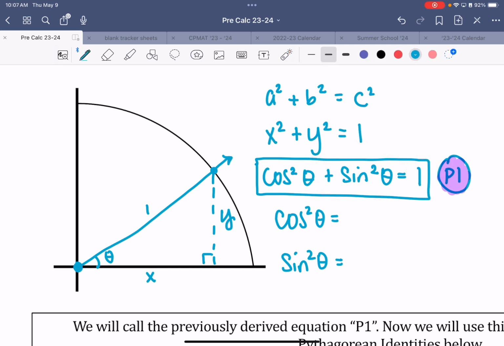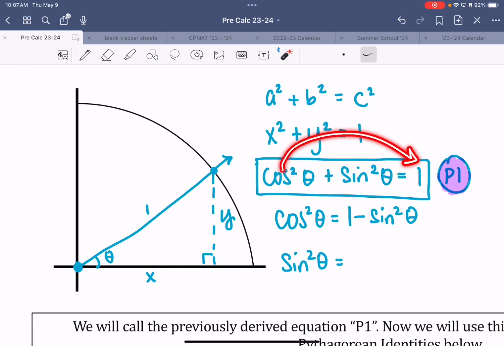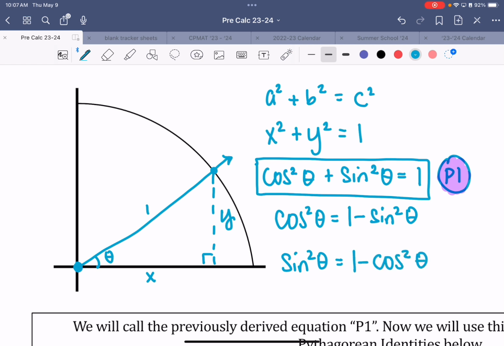Because it's positive, I would subtract it from the 1. So it would look like this. I could do the same thing for sine. If I want to get sine squared by itself, I would move the cosine squared over to the other side. It's positive, so I would subtract it from the 1. And it would look like this.